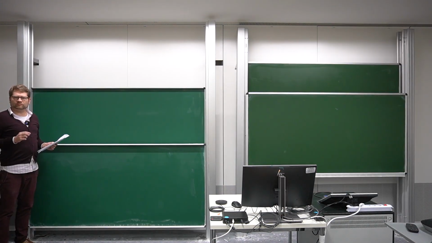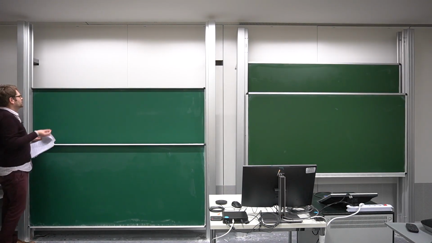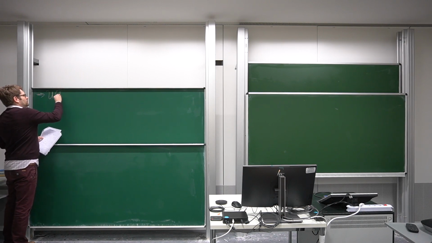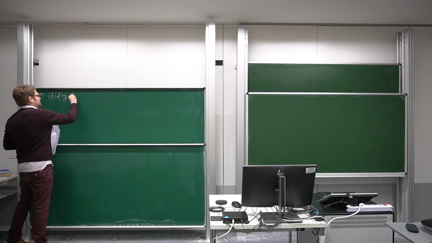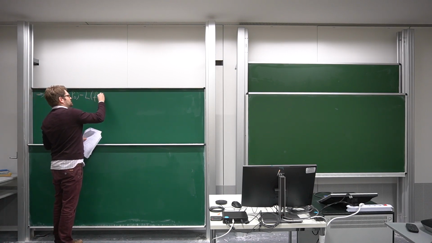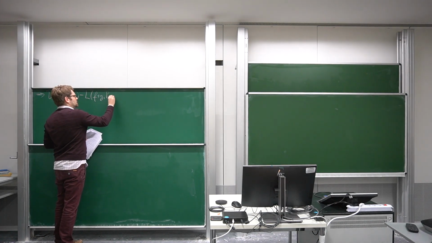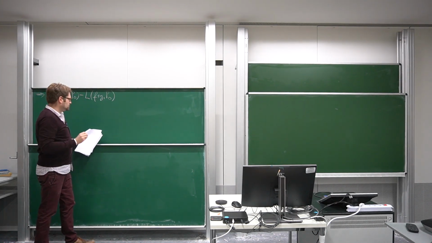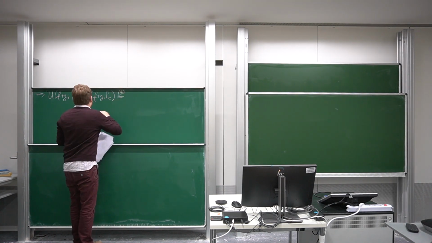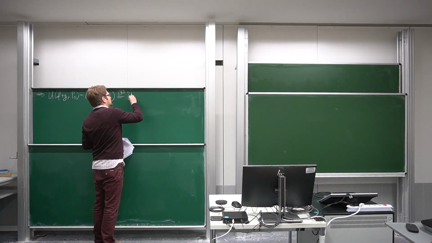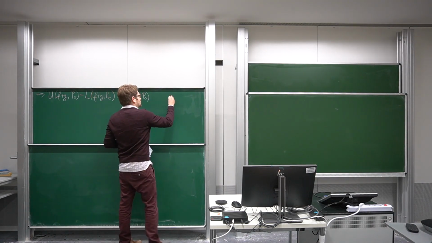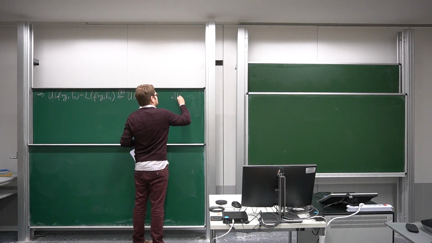Now that we've got the common refinement, we have everything we need and just need to put things together in the right order. Namely, we get that U of f plus g with respect to P0, so the upper sum, minus the lower sum of f plus g with respect to P0. By the previous computations about lower and upper sums, so this was star, we get that this is smaller than or equal to U of f, P0 plus U of g, P0.